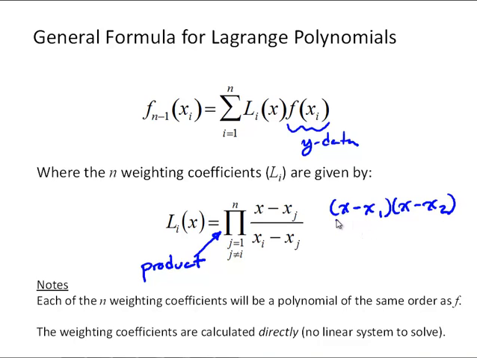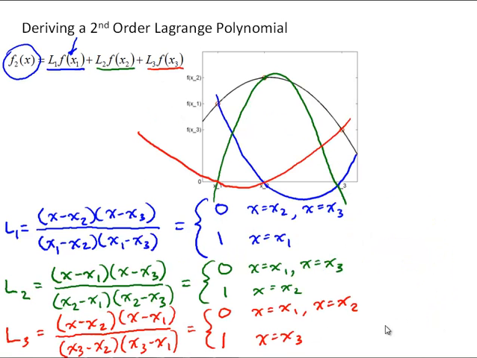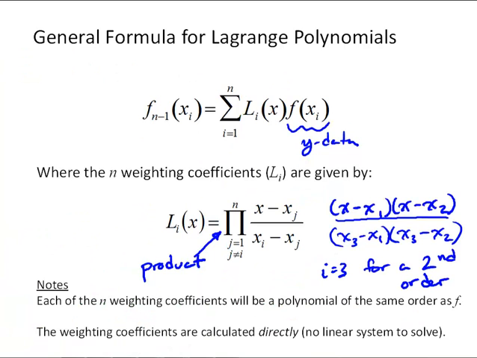So this might be for the x3 minus x1 and x3 minus x2. So this might be for i equals 3 for a second order polynomial, just like we had in the last one, i equals 3, and you'll see that's the equivalent term to what I just wrote by looking at the product notation here.